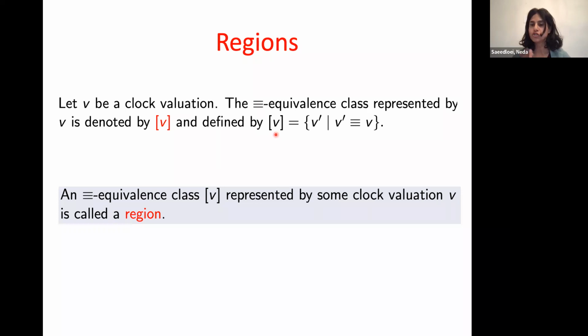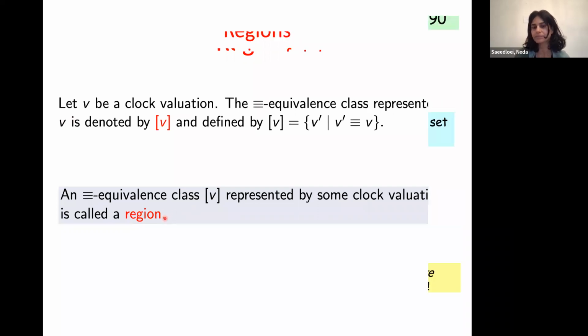Once more, two valuations are equivalent if they evaluate clocks in such a way that clocks agree on their integral part, and the ordering between the fractional parts is preserved. Now, we give a name to such equivalence classes. An equivalence class that is generated by some clock valuation is called a region.